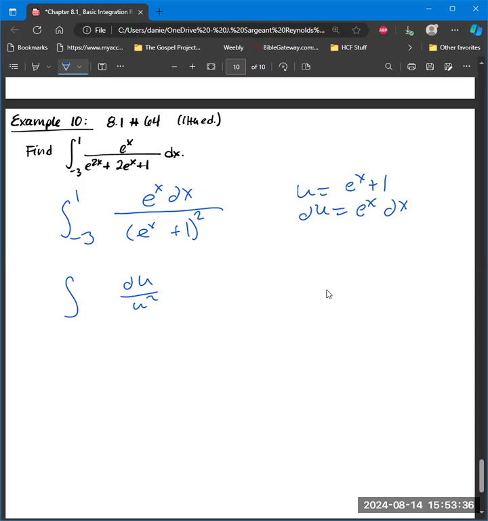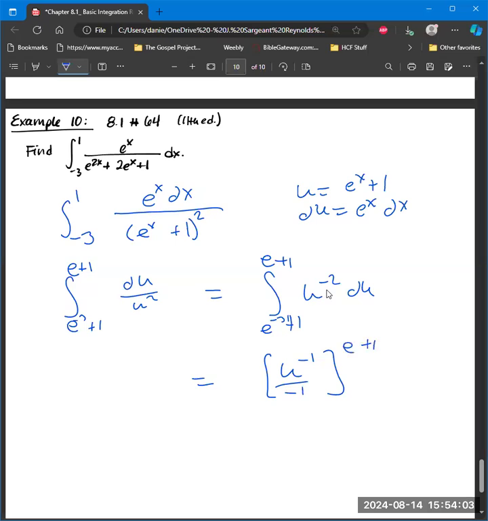U here, e to the negative third plus 1, and then e plus 1 up here. So this is the integral from e to the negative third plus 1 to e plus 1 of u to the negative second du, which is u to the negative first over negative 1, evaluated from e to the negative third plus 1 in the bottom to e plus 1 on the top, negative 1 over u.